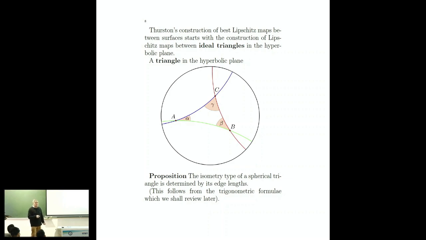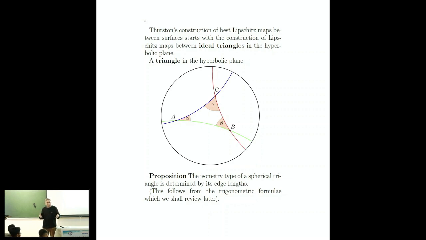If two hyperbolic triangles have the same angles, then they are isometric. I will give you some trigonometric formulas, in fact, next time, which give a precise formula for the edges of the triangle in terms of the three angles.